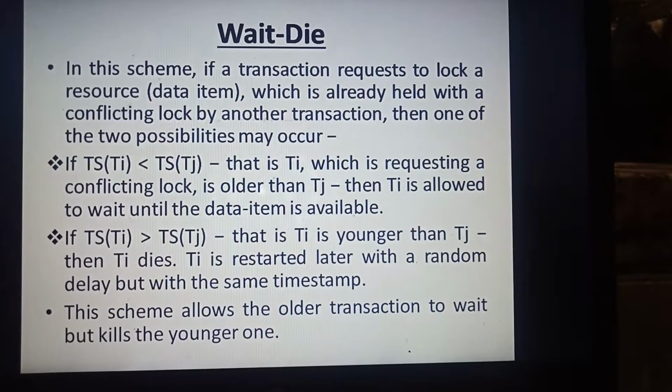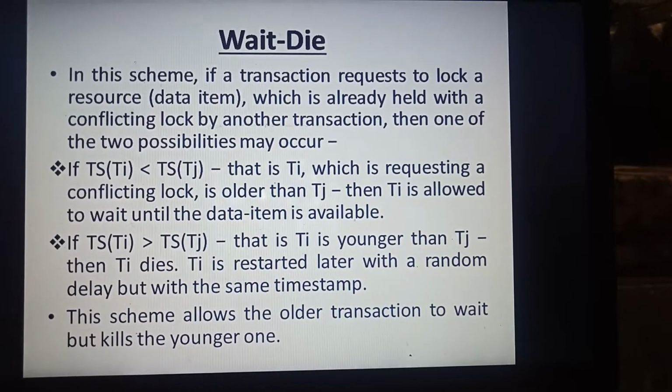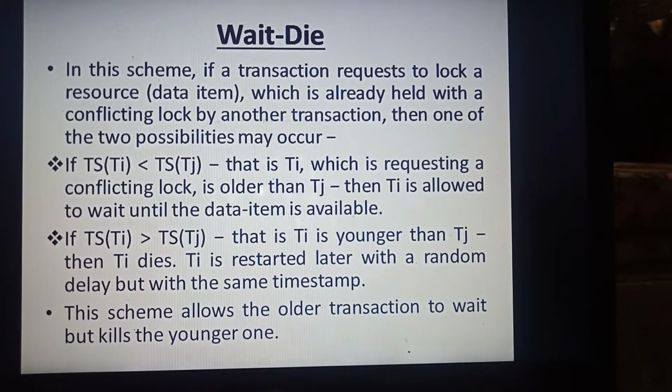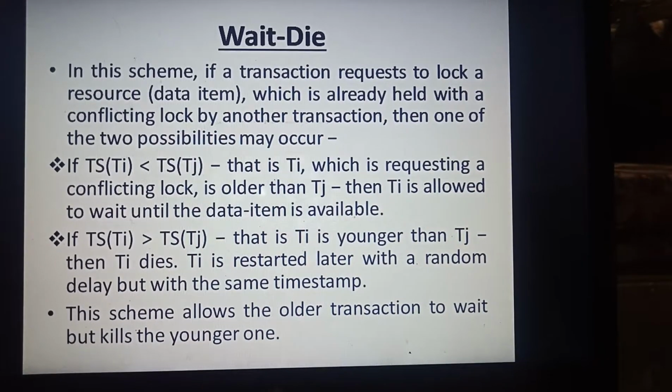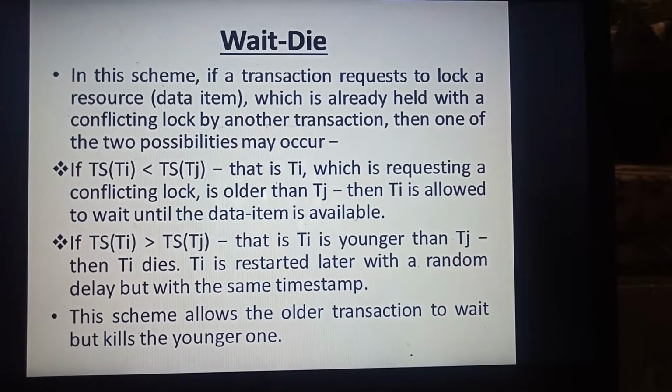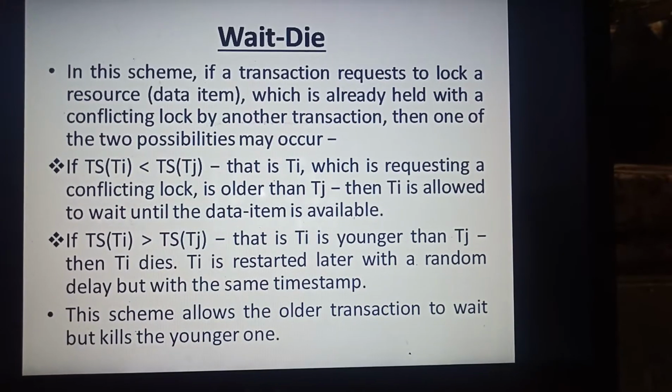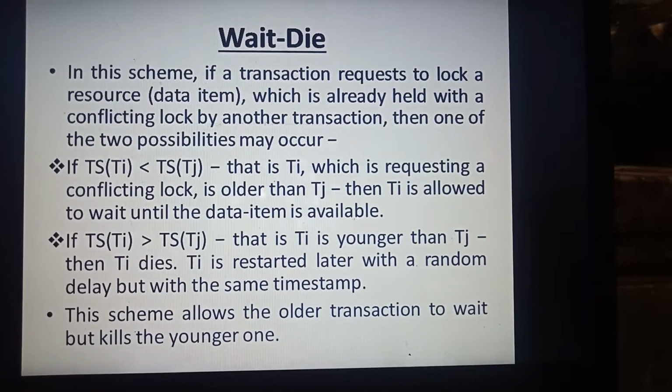These two possibilities are: first possibility is if timestamp of Ti is less than timestamp of Tj. That means Ti is an older transaction.